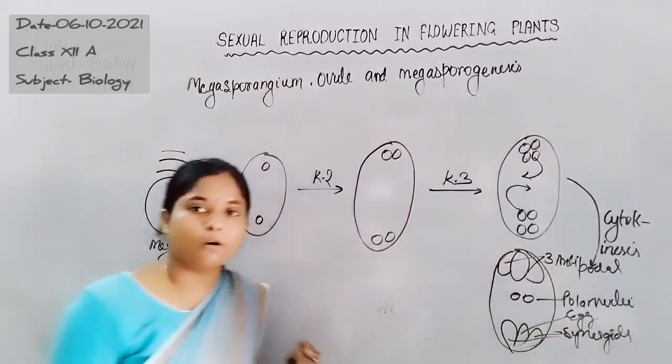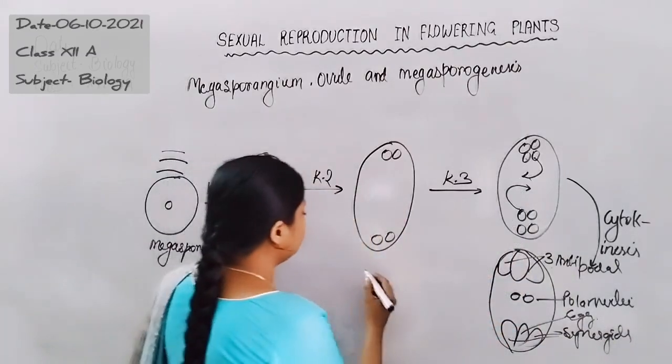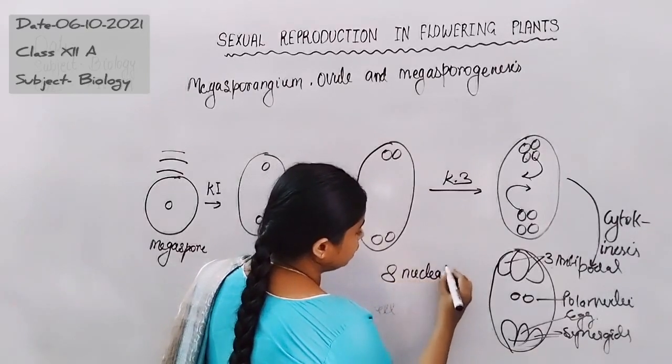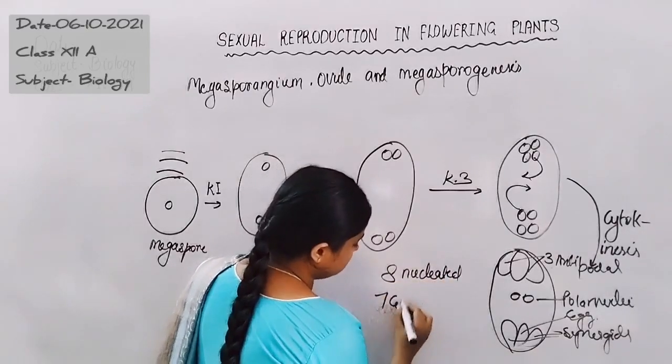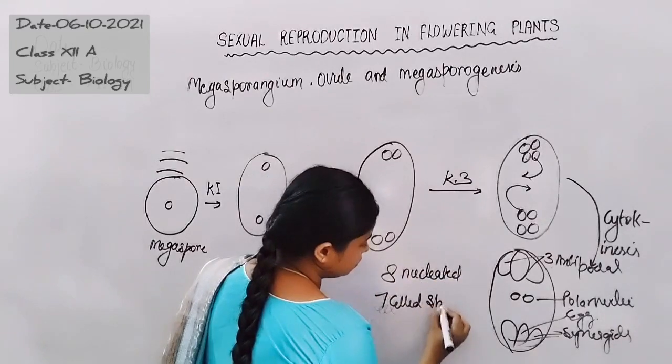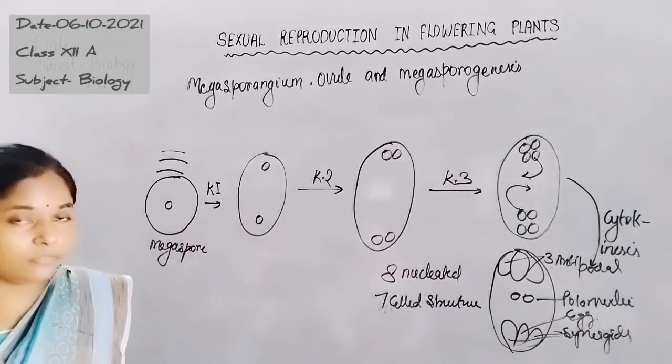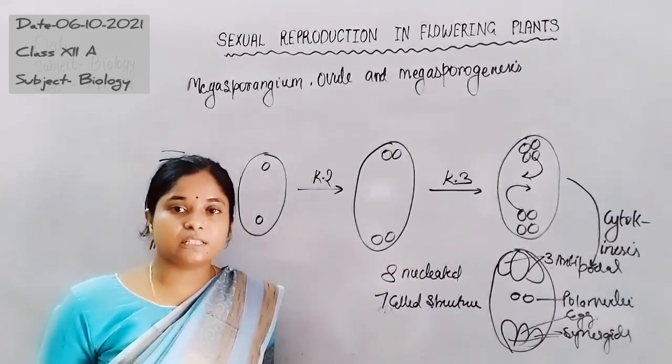So thus they form an 8-nucleated, 7-celled structure.